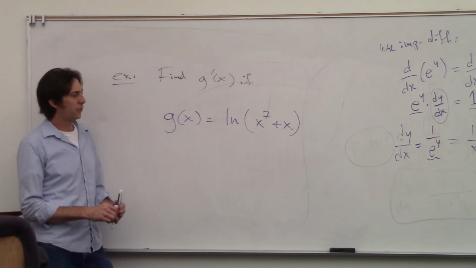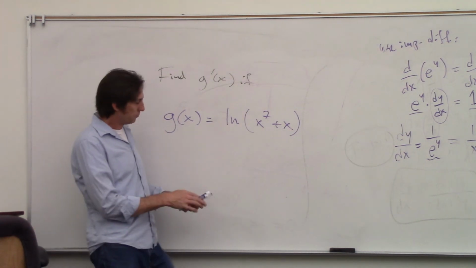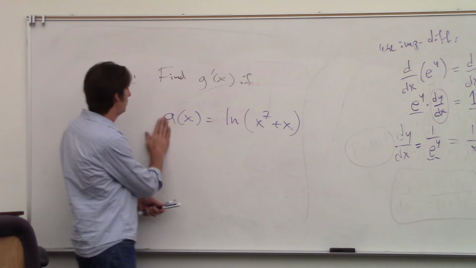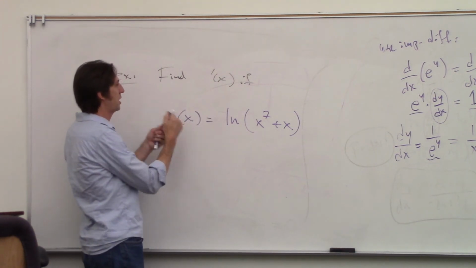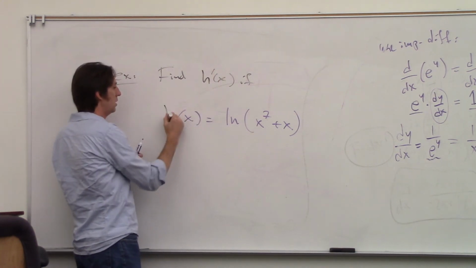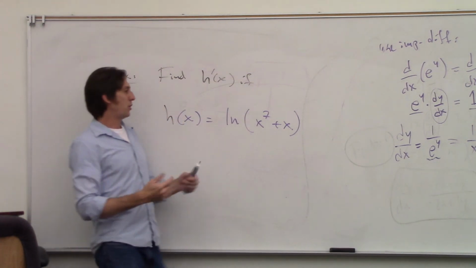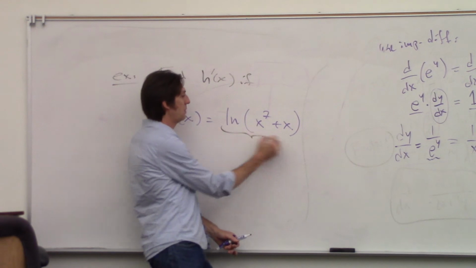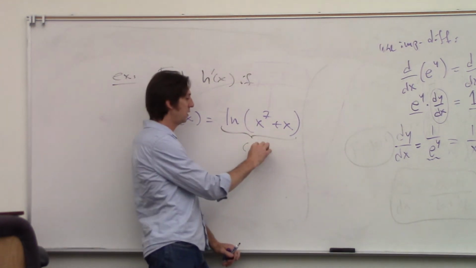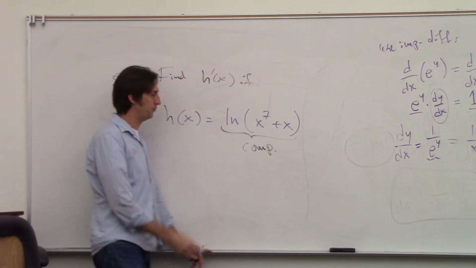So now this is slightly more difficult because, well, let's call this h, I guess, h prime of x. The reason why this is slightly more difficult is that now I see that the function I'm trying to differentiate is a composition.